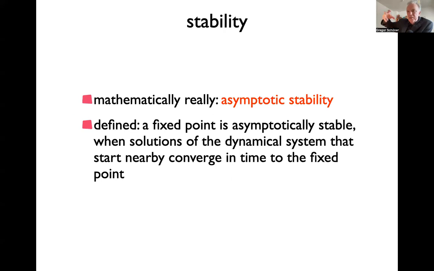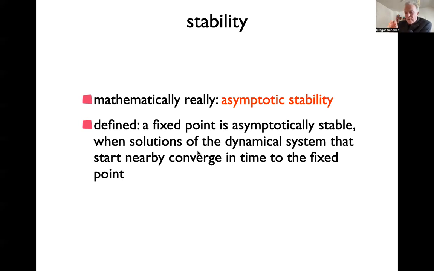Now, when I say it's an attractor, we say then it's a stable fixed point, but that's jargon. Mathematically, that is what mathematicians call asymptotic stability. And I wrote down the mathematical definition somewhat informally. To do this mathematically, you have to be a little bit more precise. So a fixed point is asymptotically stable if solutions that start nearby converge to the fixed point. And that means any solution nearby. Nearby is this sort of environment argument.